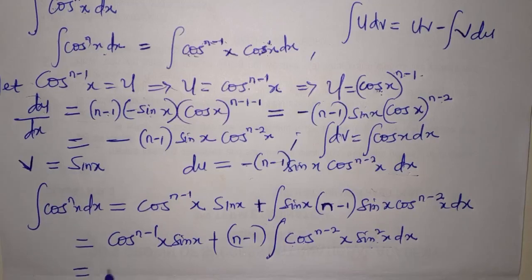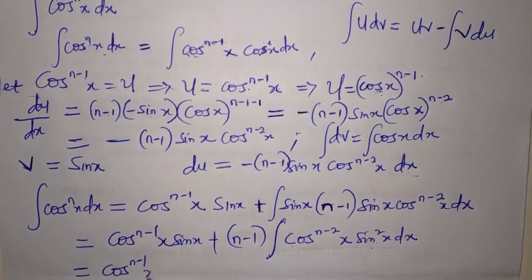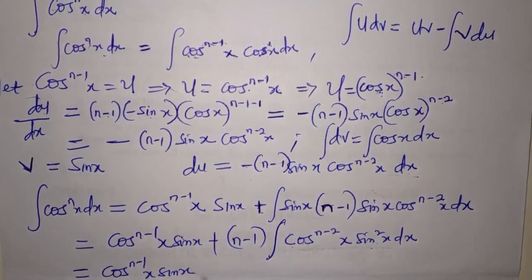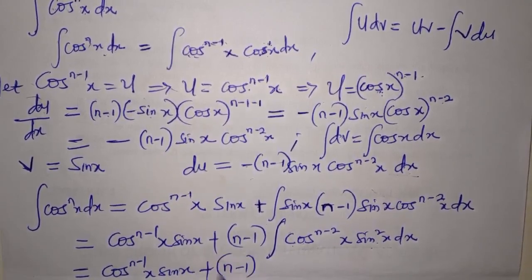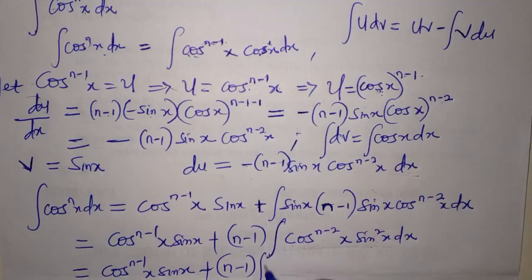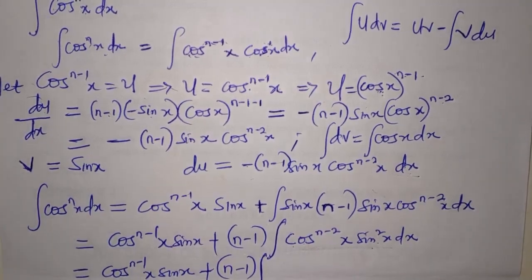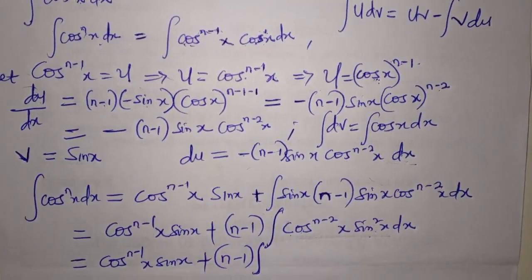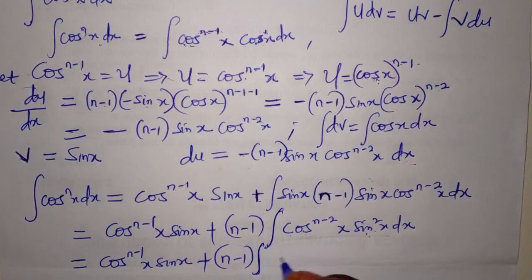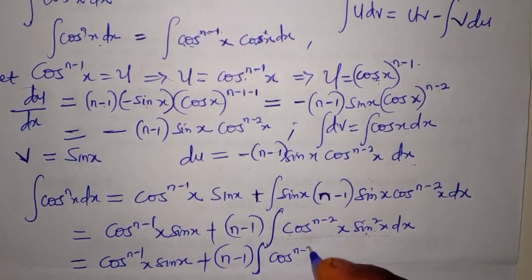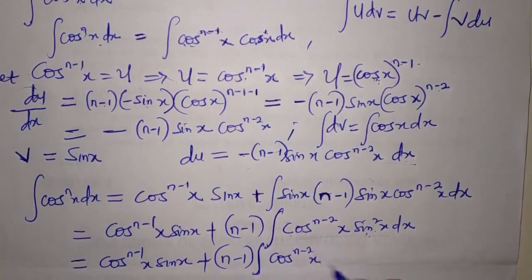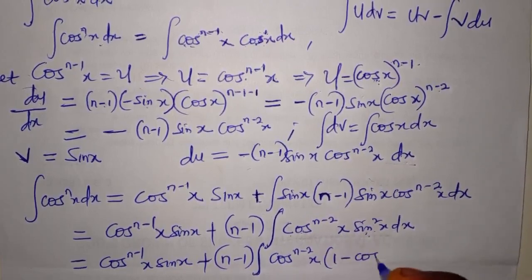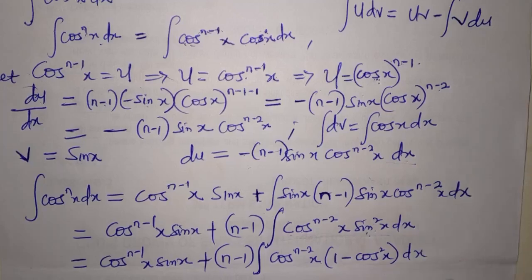We have cos^(n-1) x sin x plus (n minus 1) in brackets into the integral of, remember in trigonometry, sin squared x is equal to 1 minus cos squared x. So in place of sin squared x, I'll write 1 minus cos squared x.